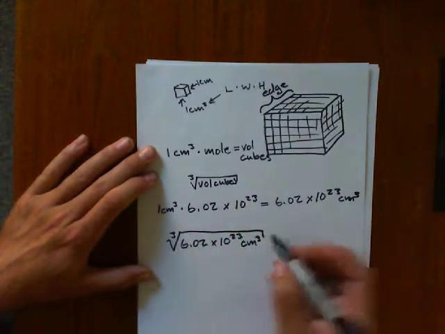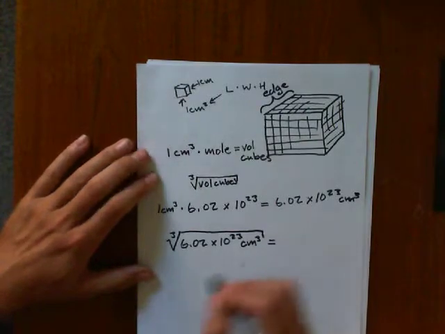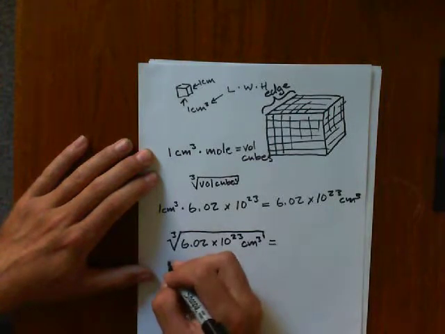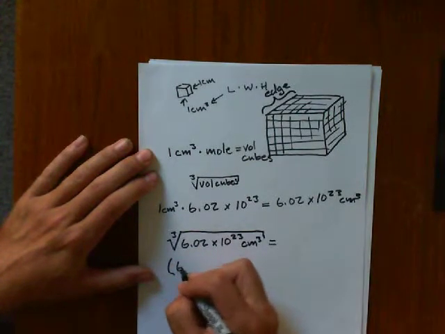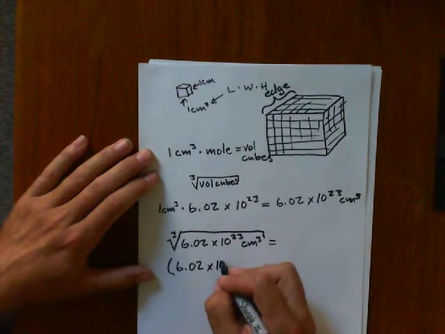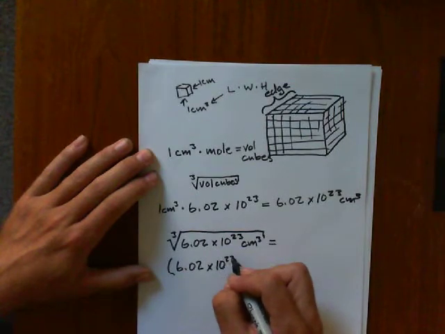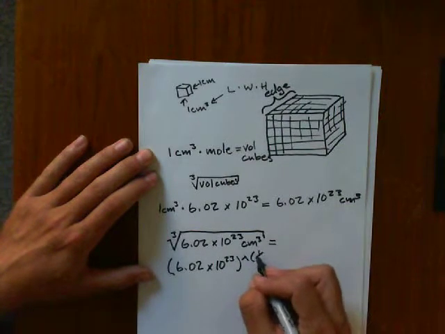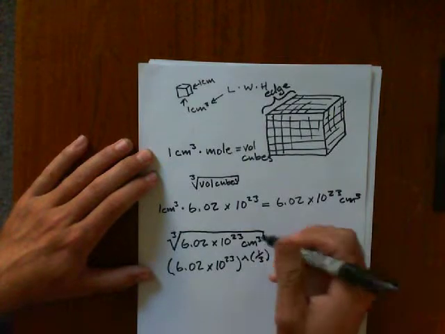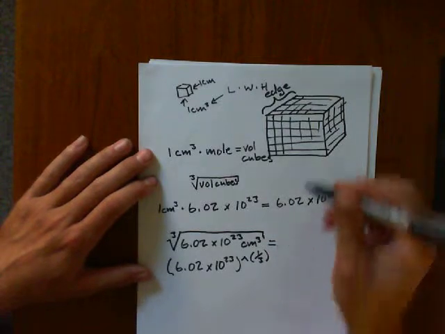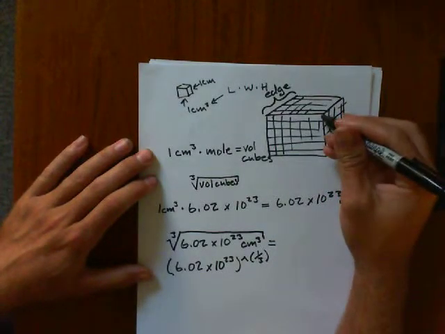To put a cube root in my calculator, I have a scientific calculator. What I actually put into the calculator was something more like this: 6.02 times 10 to the 23, the caret, and then 1/3. I'm not really worried about the units; this is going to come out to just be 1 centimeter, which is right. We're looking for a linear length.